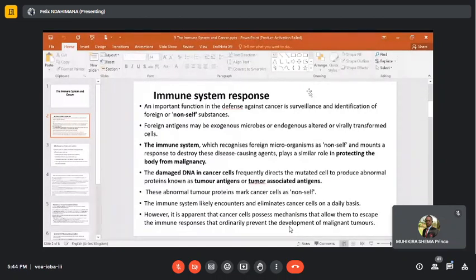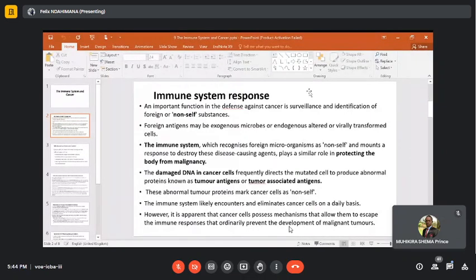The same as we saw in the very first presentation on Thursday about the evasion mechanisms of pathogens, whereby we have a strong immune system that helps us fight off those pathogens, but the pathogens are also there to survive.